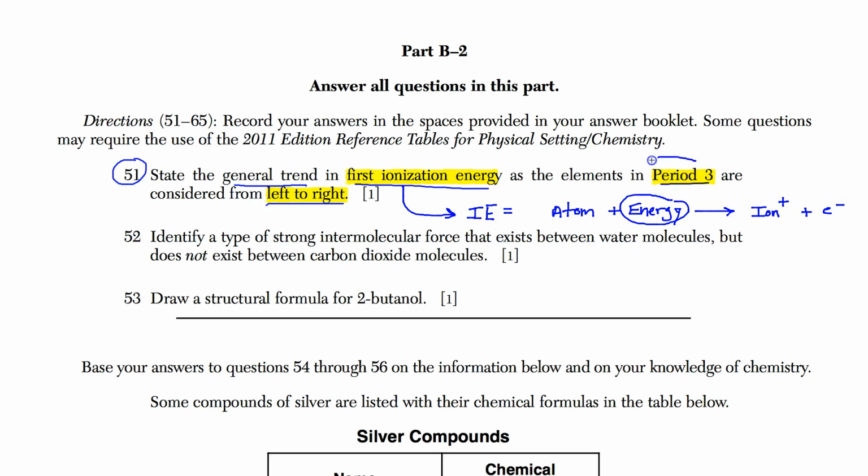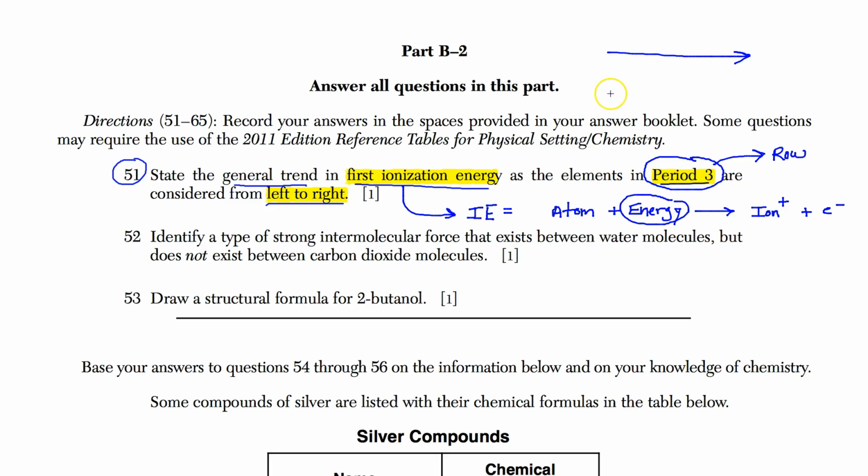Now we're talking about period 3, and it won't matter what period. Period, of course, is the row on a periodic table. That's important. So we're going from left to right on the row. And if we're going from left to right, what happens? Before we go to the periodic table, we should know that the periodic table increases in atomic number as we go across.